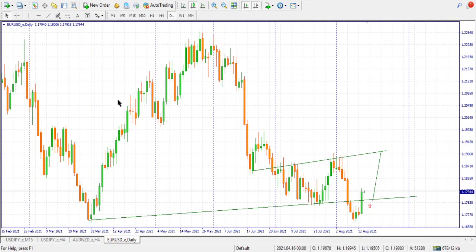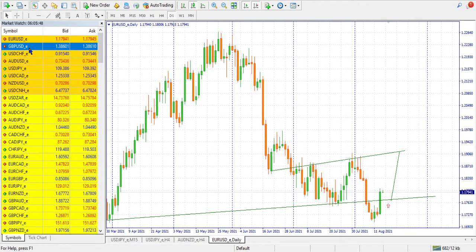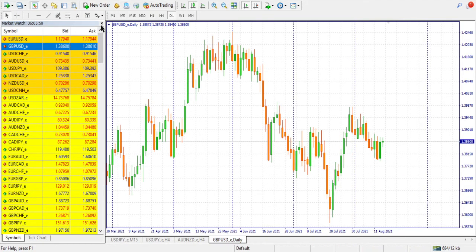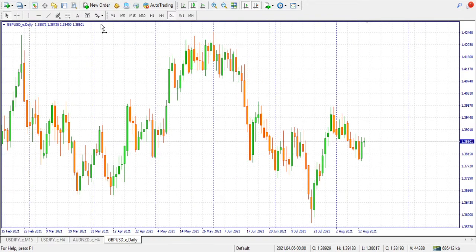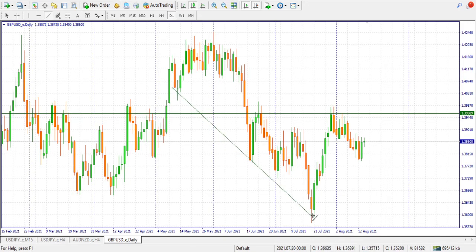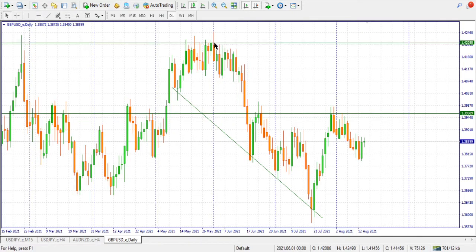So the other symbol which I want us to look at, GBP/USD. So the British pound dollar, we do have a level here. This is like a very good resistance level. And then we have another one here. This is just a normal trend line. And then we have a level here.